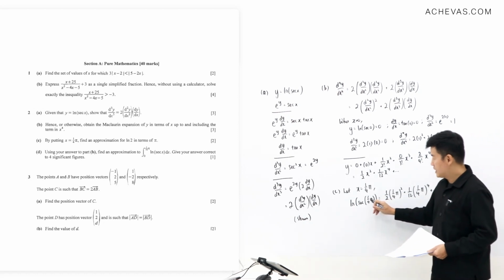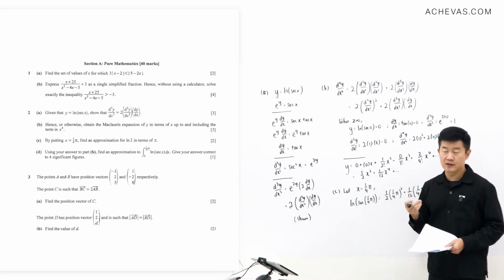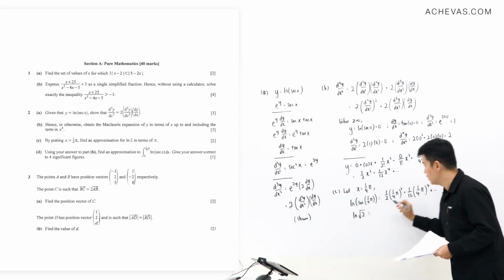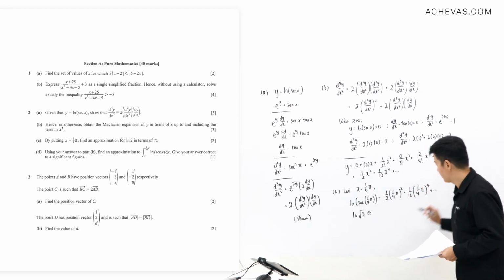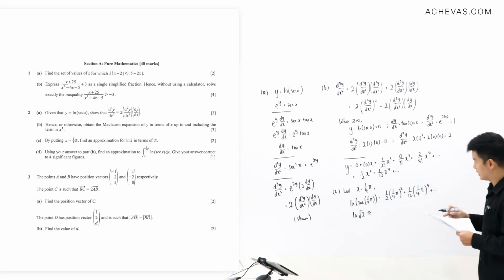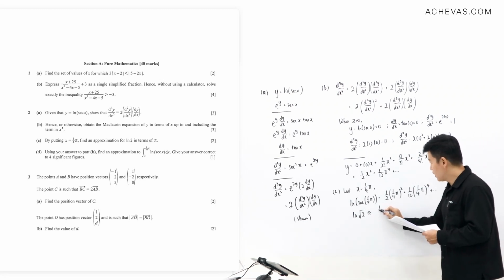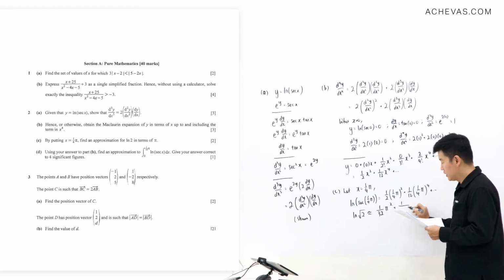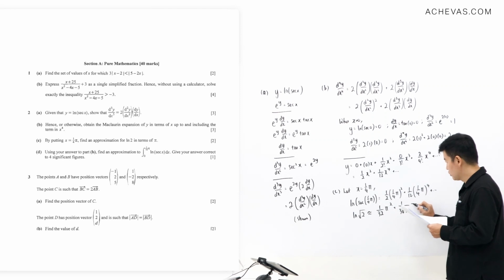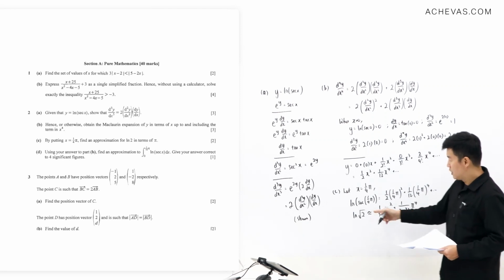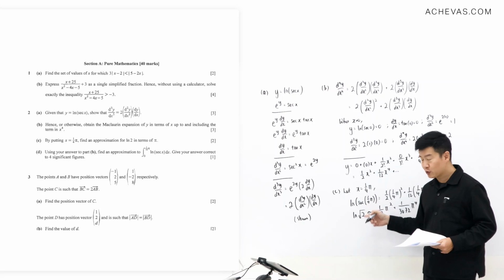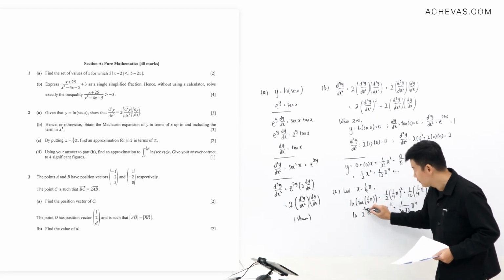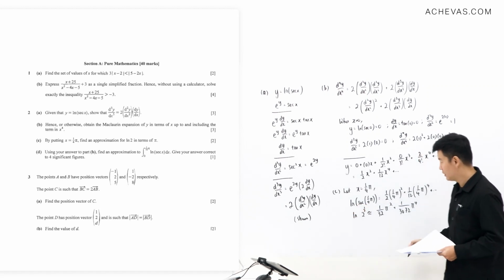On the left-hand side, secant π/4 is equal to square root of 2, so this will be ln square root of 2. Let me go for an approximation so I don't need to keep writing the plus dots. It is going to be 1 over 32 π² plus 1 over 3072 π to the power of 4. So ln square root of 2 is like ln 2 to the power of half, so we can bring the half forward.